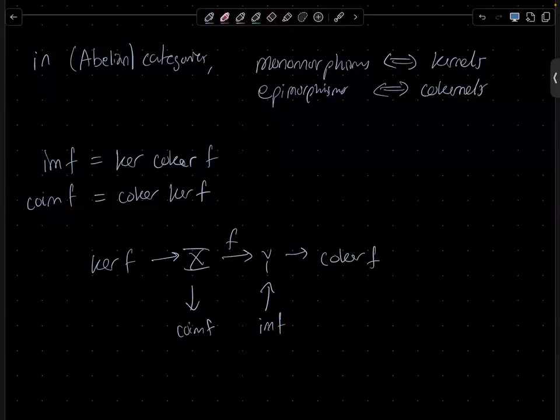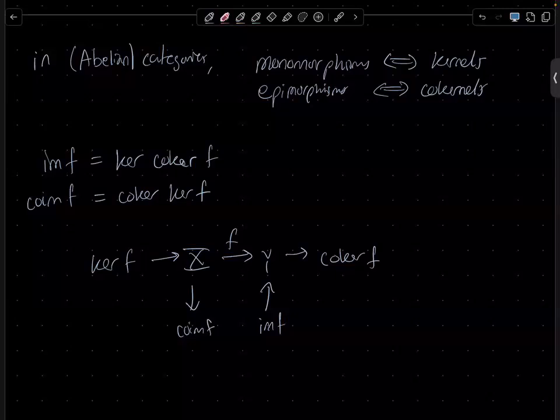We can show that there is a commutative diagram. I suppose this should be in an abelian category. Maybe my notes are out of order, but I think this should be in an abelian category.